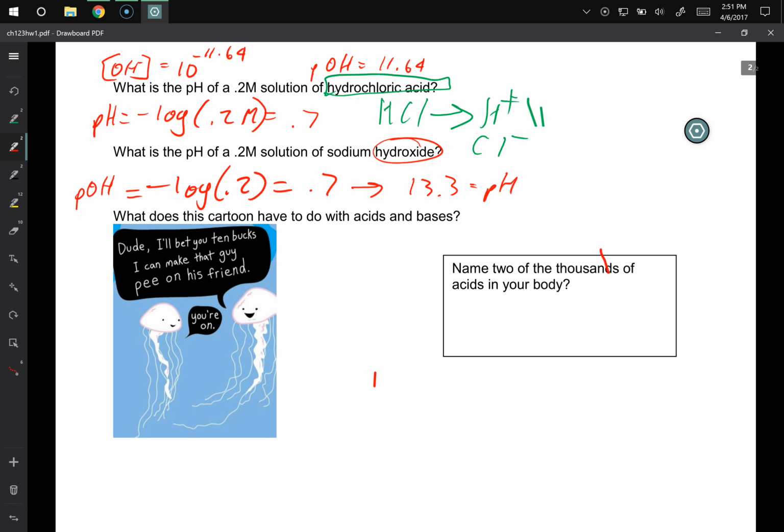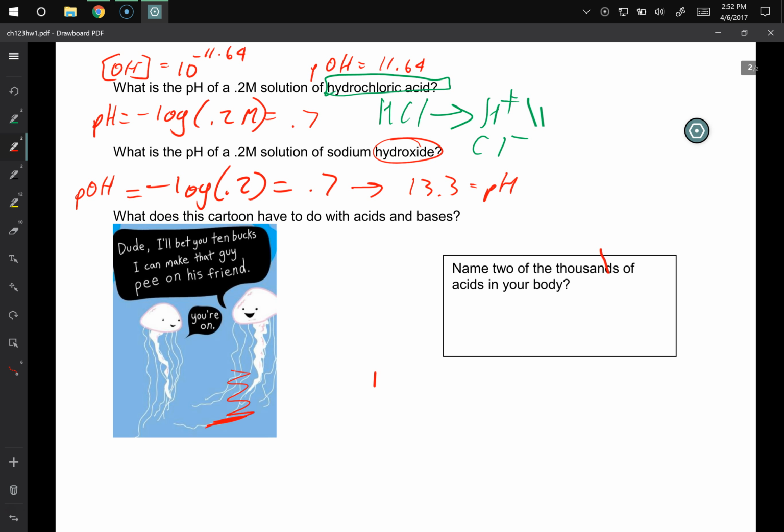What's the pH of the urine? Acidic or basic? I don't know why you're saying ammonia, because it's uric acid that's the major component. So what kind of substance must be being placed on the person by these tentacles?